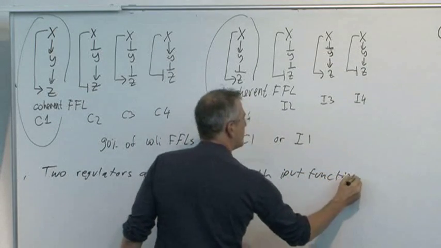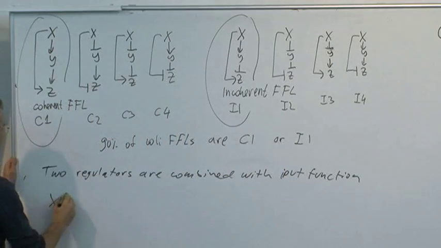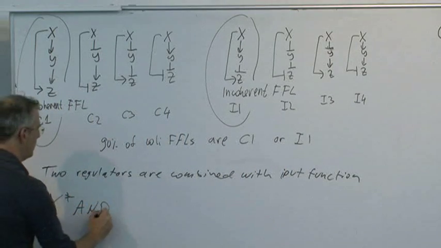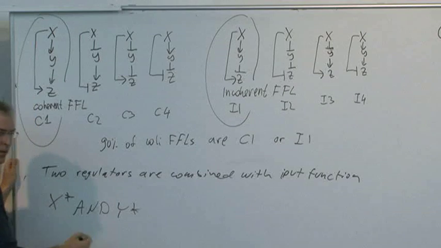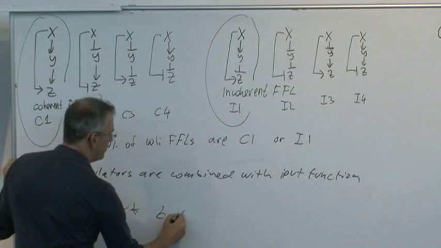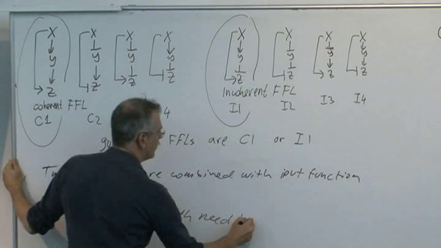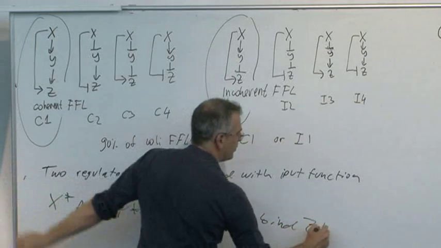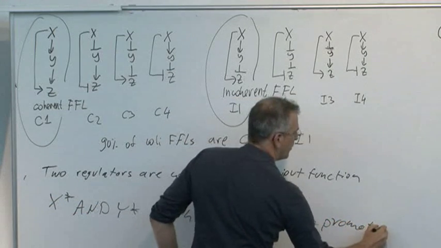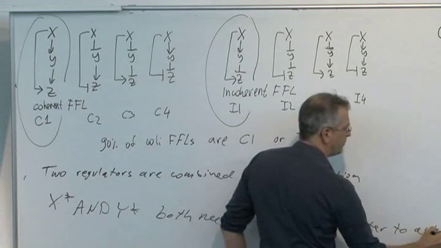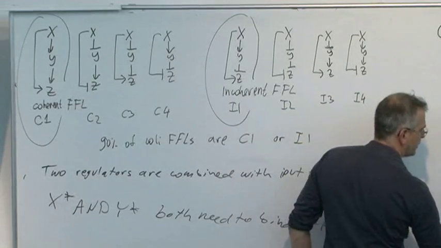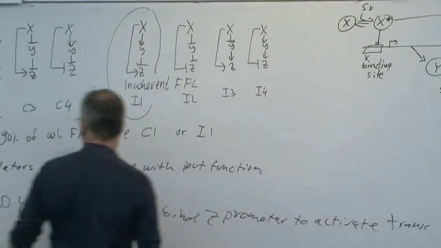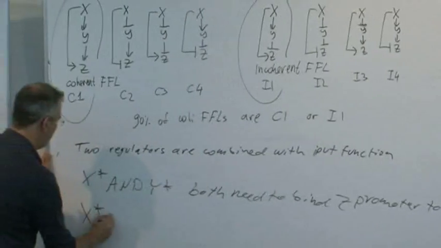And we're going to analyze 2 flavors, X star and Y star. You need both of them. Both are needed. Both need to bind the Z promoter to activate transcription. And we're going to consider the OR gate.